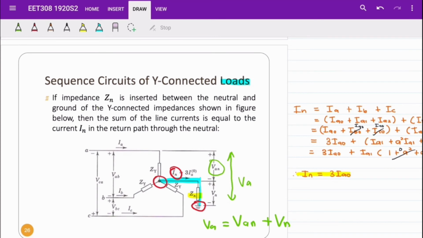So from the equations IN and VA, and also from the circuit, we can draw the single phase model or single line diagram of sequence circuits of Y connected loads.